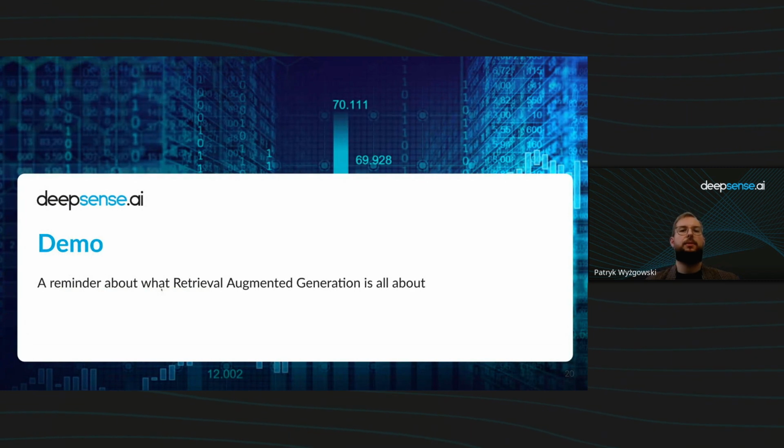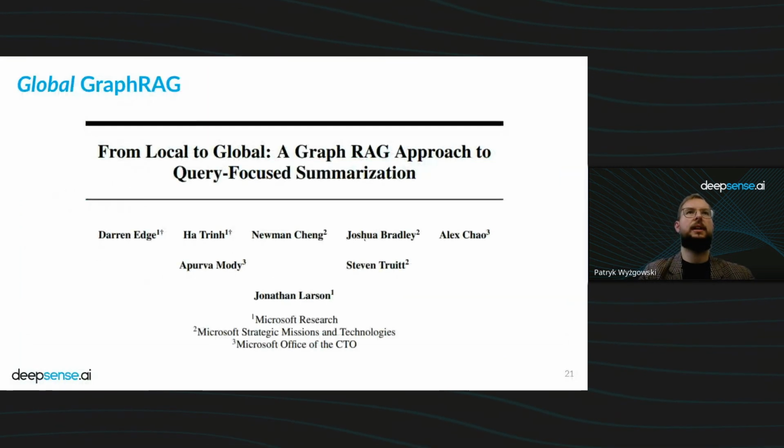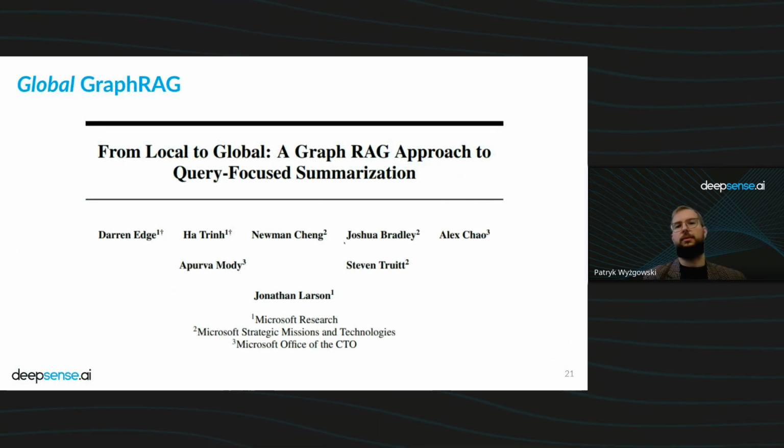Why do I mention local? Because this locality comes from finding particular entities and their neighborhoods. But what is outstanding in the world of GraphRAG is this paper, which brings a possibility to answer general and global questions about your dataset, and your private dataset.